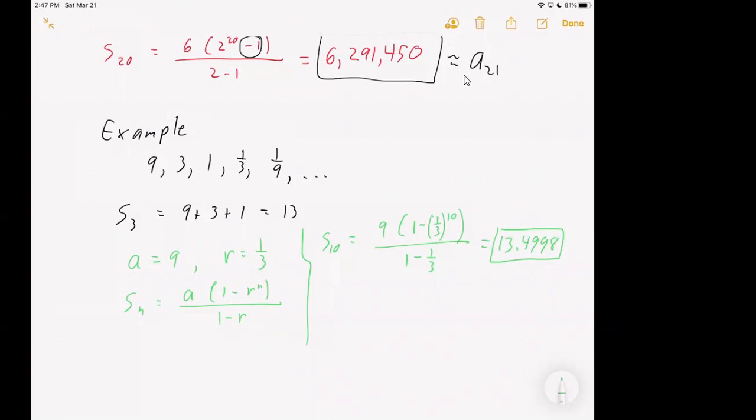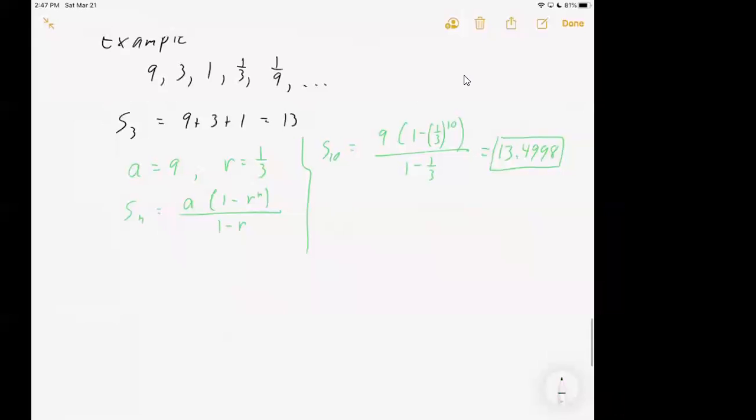Okay, so let's consider what happens if n gets much larger. What would happen as n approaches infinity? Once again, we had derived this formula before in class. I think we had convinced ourselves that if r is less than 1, so in this case 1/3 to the n, as n approaches infinity, right?